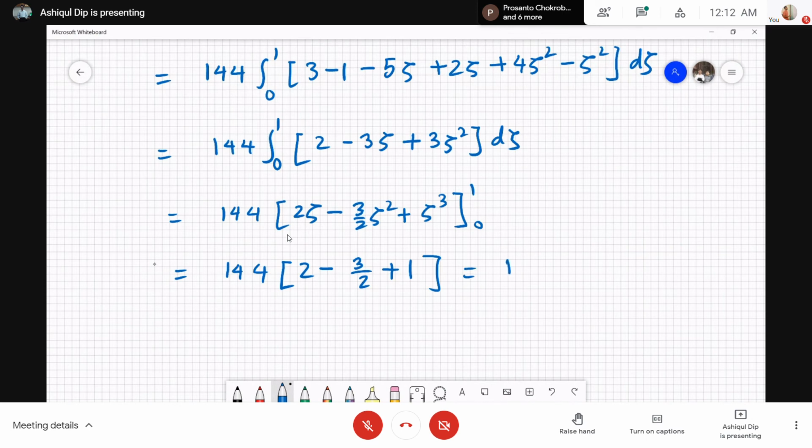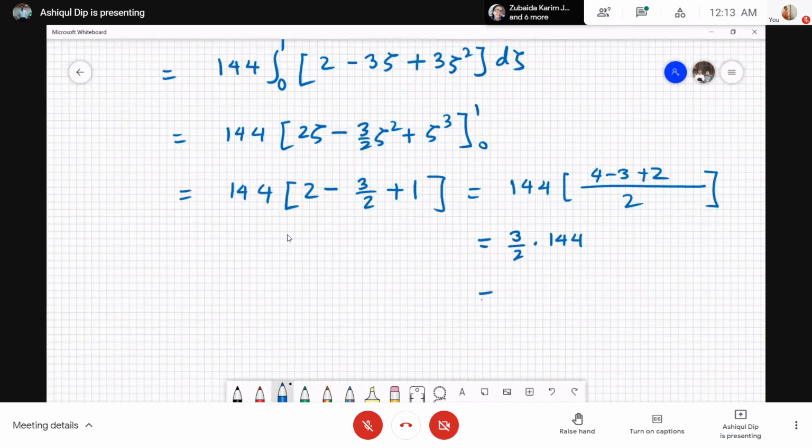What's that? 4 minus 3 plus 2, so it becomes 3 by 2, right? 3 by 2 times 144, half of 144 is 72, 3 times 72 is 216. Yes, this is the result. You see, it was so simple.